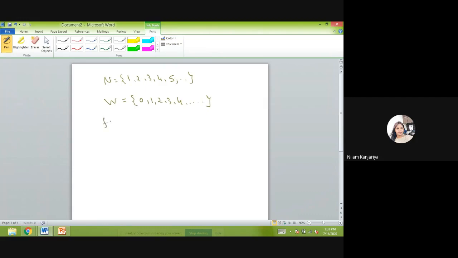A function is defined from N to W, and the function is x minus 1.